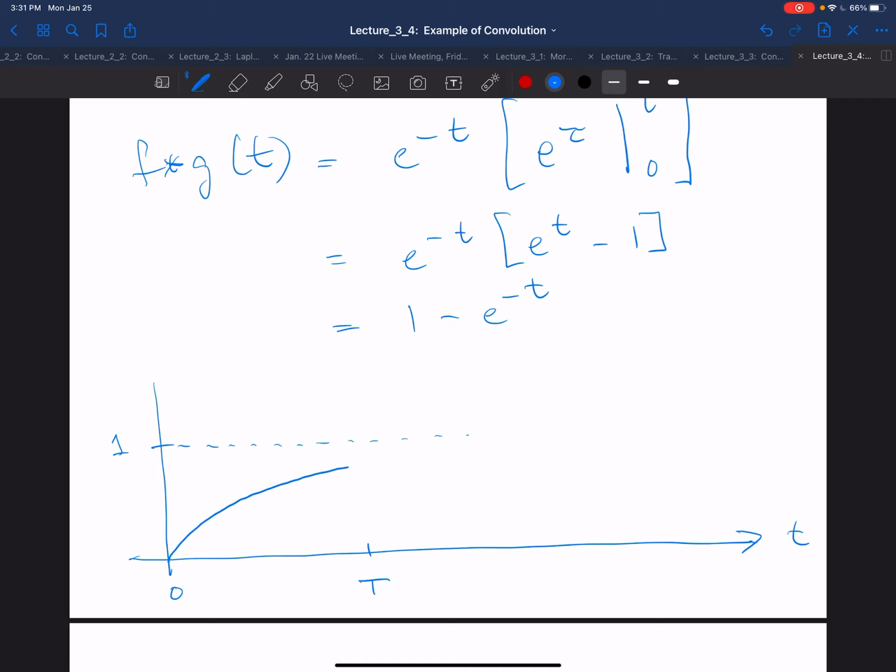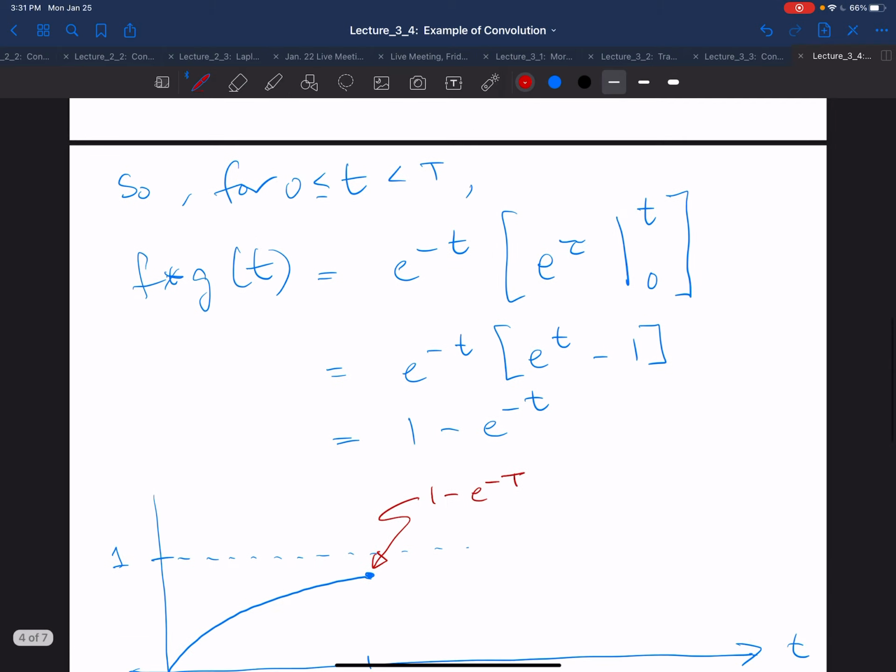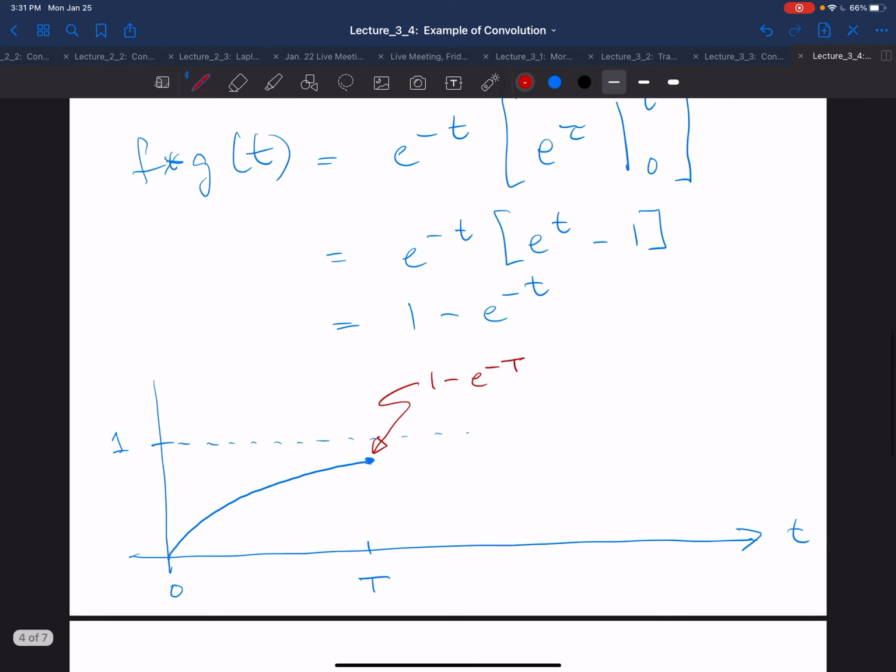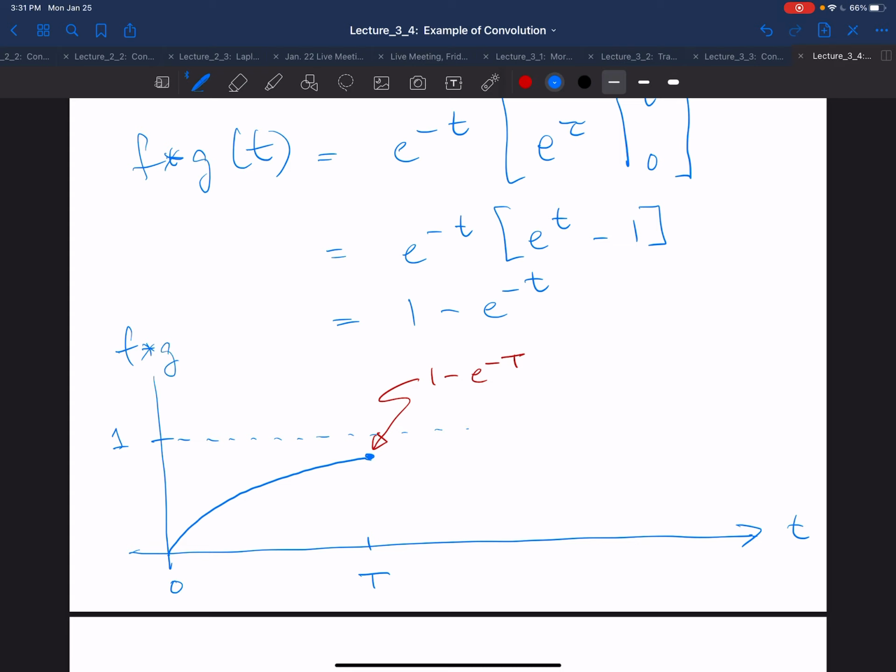So that's going to look like this, where the value that it reaches here is 1 minus e to the minus capital T. So that's the first part, if you like, of the plot of our convolution for small values of little t.